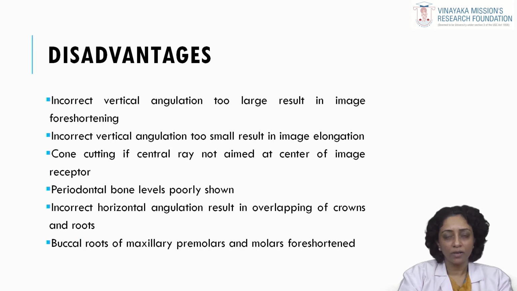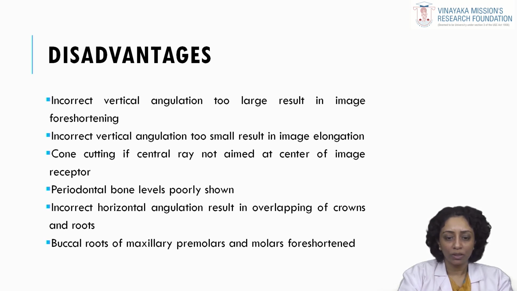There are certain disadvantages, the faulty radiographs which occur if the angulations are not proper. Say, if the horizontal angulation is incorrect, it results in overlapping of the crowns and roots. If there is incorrect vertical angulation, say too large, it results in image foreshortening.